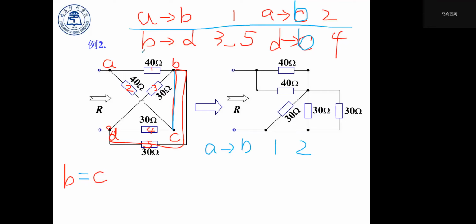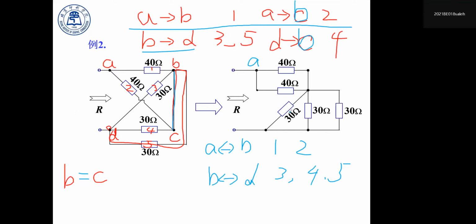And between B and D, because there are two directions, we have 3, 4, 5. Right? Do you copy it? Yes.